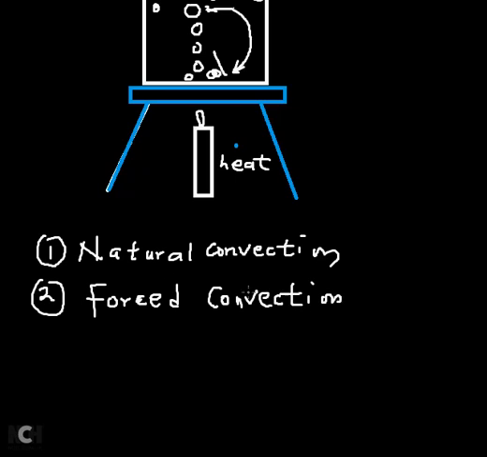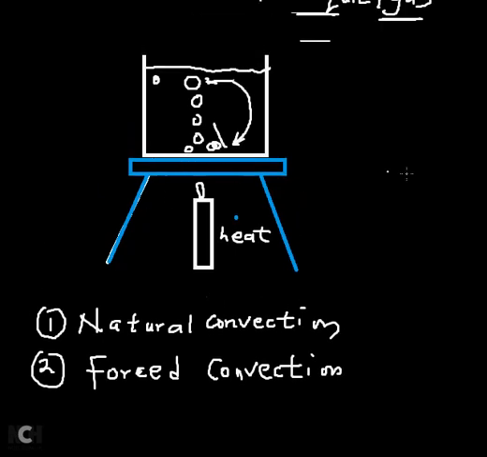Natural convection happens when the hot fluid rises naturally, without being forced, to give way for the cold one to replace it. They rise by themselves due to their buoyancy, because once the fluid or the molecules gain heat, they will expand.